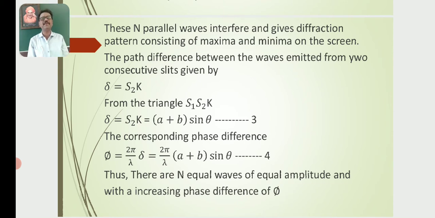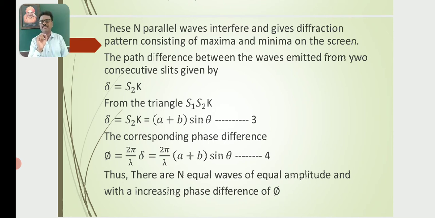The path difference between the waves emitted from two consecutive slits is given by delta equal to S2K. From the diagram, for the two slits S1 and S2, where S2K is perpendicular to S1K, the path difference delta is equal to S2K, which is equal to (a plus b) sin theta.